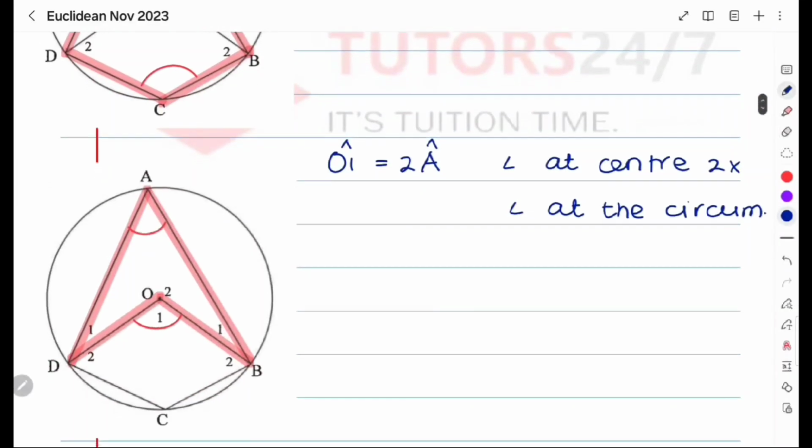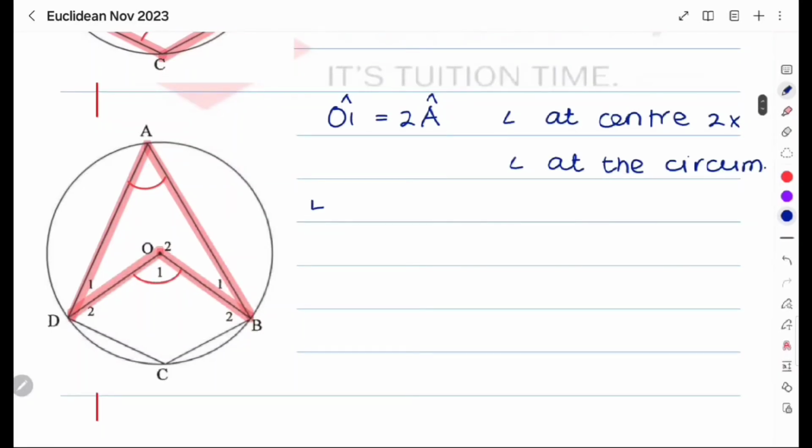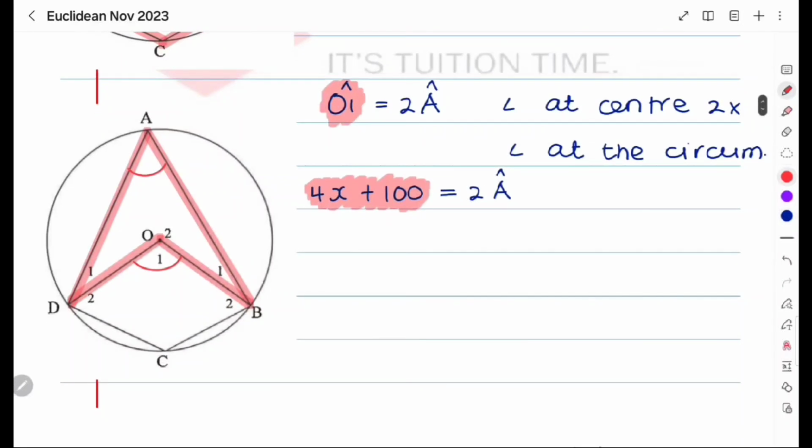So we know that the angle O1 is 4x plus 100, and that is equal to 2A. Then we are going to substitute equation 1 into equation 2. Please take note that this is our equation 2.